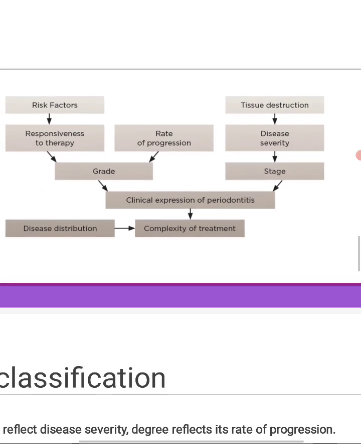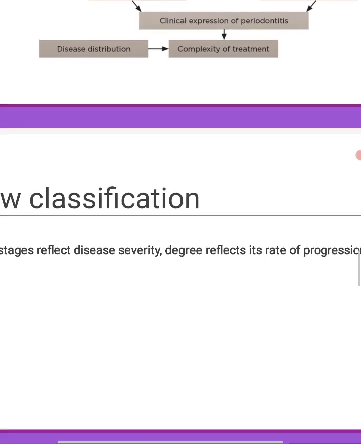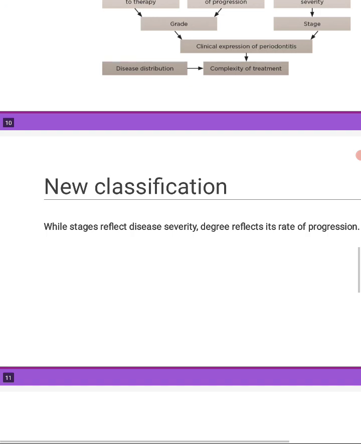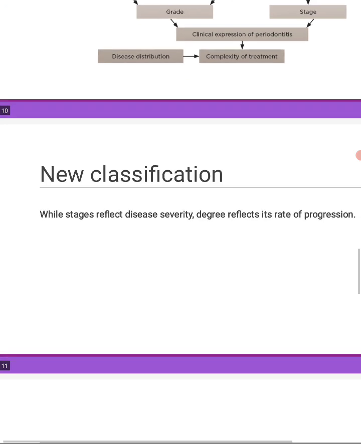So when you go to the fourth year and start with your patient, you need to tell the patient, according to the classification of 2017, that you have periodontitis, the grade and stage, and give a comprehensive view about the patient.